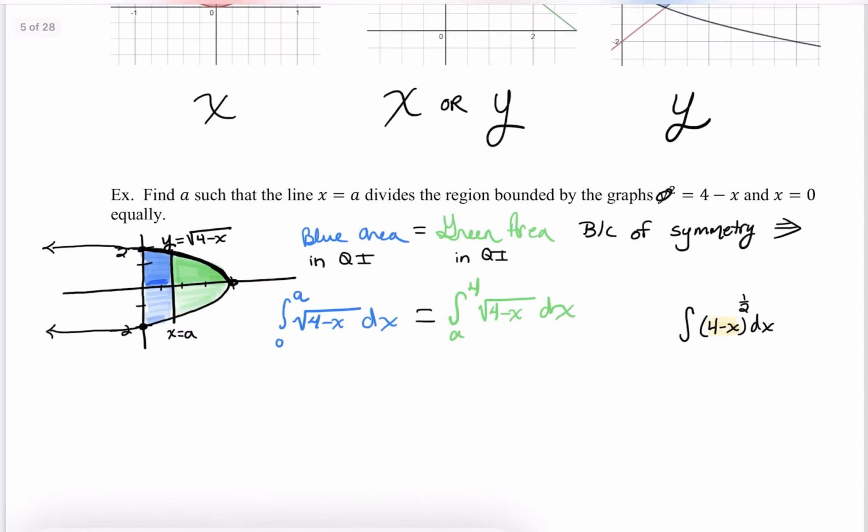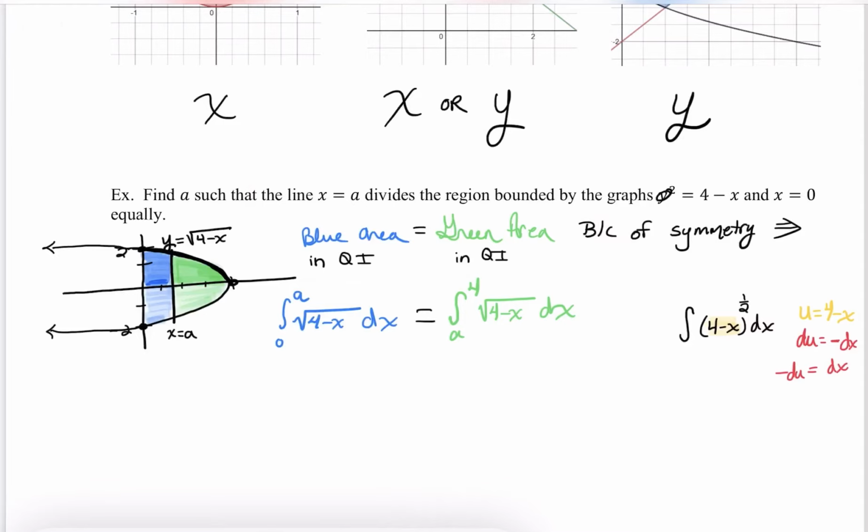I would strongly recommend that you go back and study your u sub if it's been a while. It's really important as we get started here. So u is going to be that 4 minus x. That means du is this negative dx. So if you divide by the negative, then you end up with negative du equaling the dx.